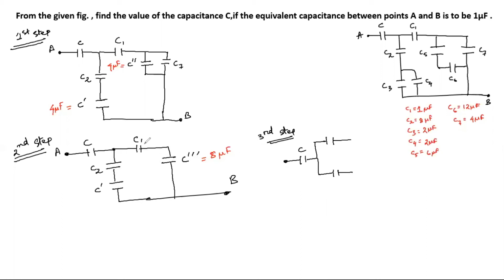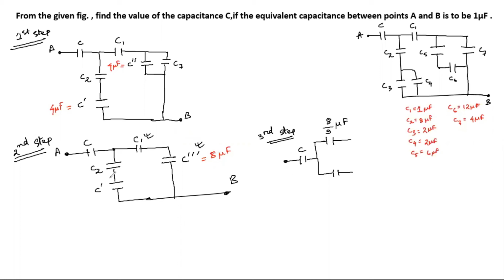So when we calculate the capacitance of these two capacitors, that is going to be 8 into 1 by 8 plus 1, 9. It is going to be 8 by 9 microfarad. Okay. So 8 by 9 microfarad is the effective capacitance of C1 and C triple dash.